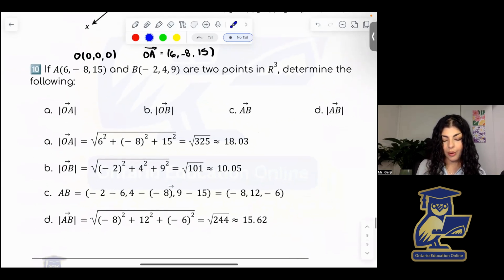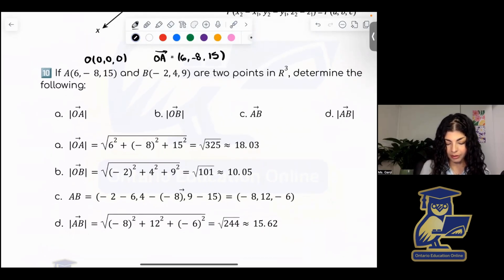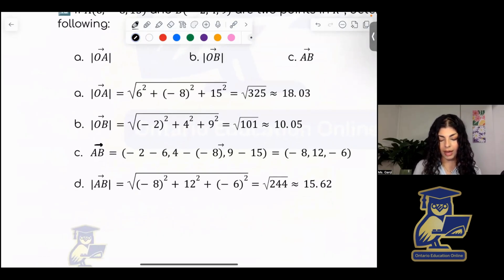Now, same thing with OB. We're now using -2 squared plus 4 squared plus 9 squared. And we get square root of 101, which is approximately 10.05. Now, AB, oh, and I'm missing my vector sign here, because this is now a vector, it's not just a line.